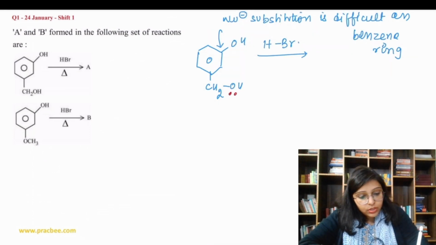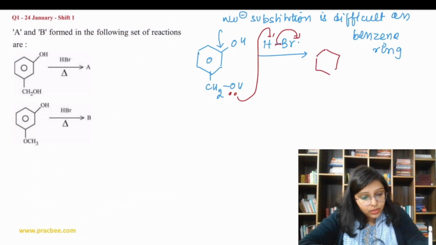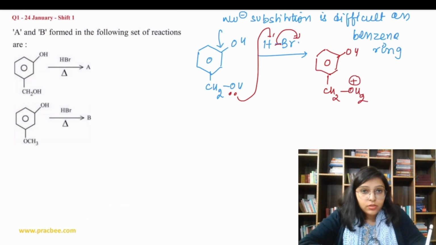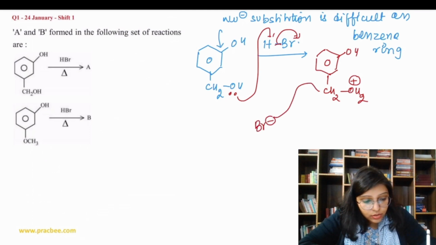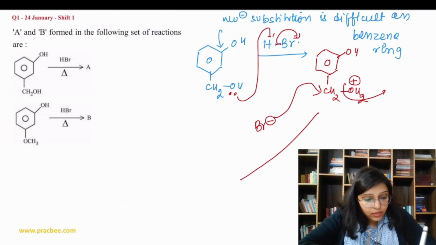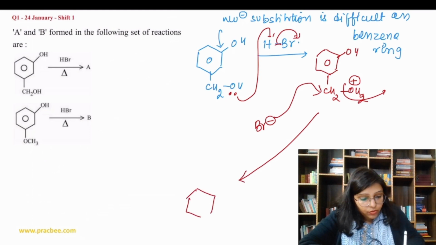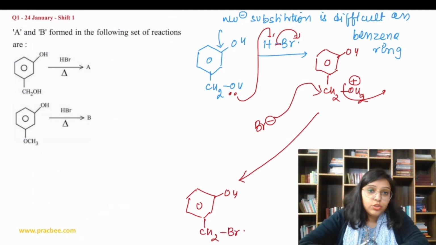The lone pair on oxygen takes H plus and Br leaves, and due to this we have OH and CH2OH2 positive, right? Now Br minus attacks this carbon and OH2 leaves, and we have the formation of OH and CH2Br. Clear? OH and CH2Br.